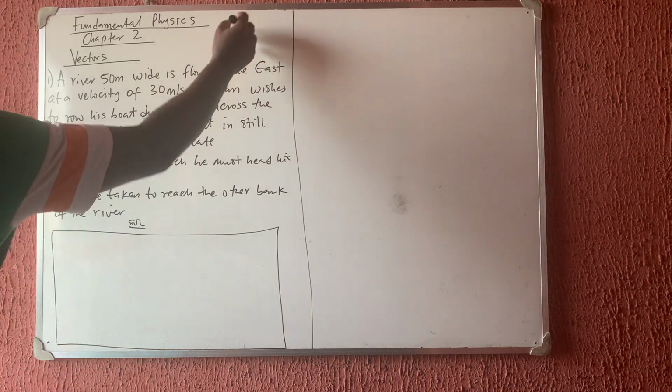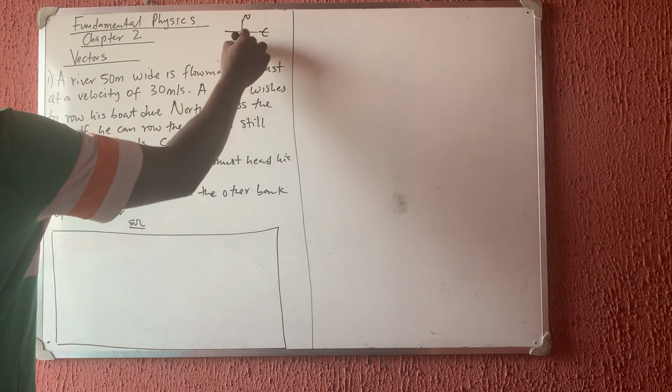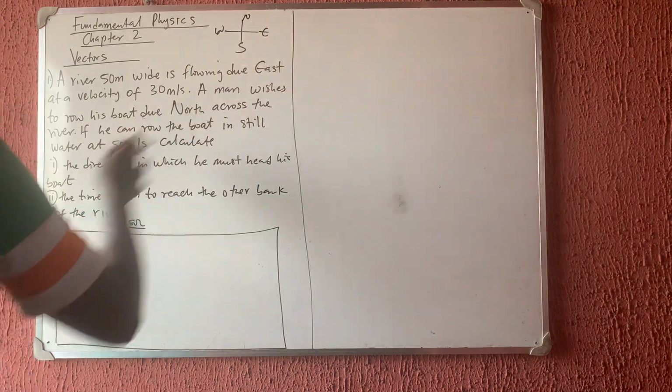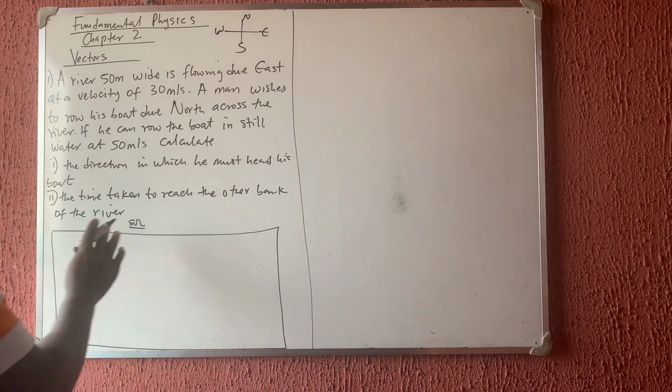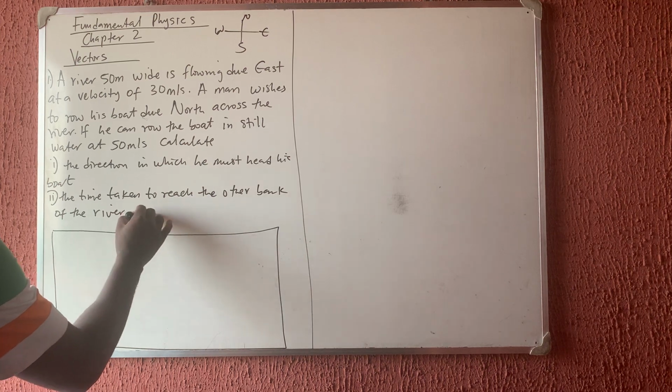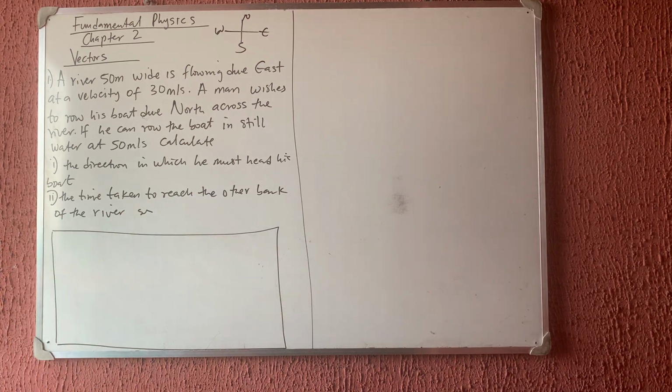Don't forget that this is your cardinal points: east, north, south, and west. So it's flowing from west to east, at a velocity of 30 meters per second. So the velocity this river is moving with is 30 meters per second.